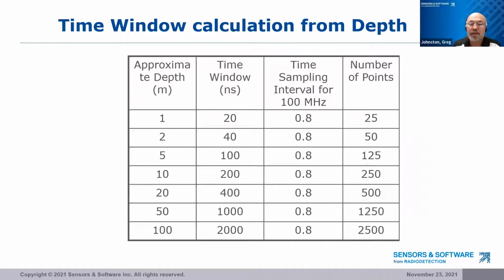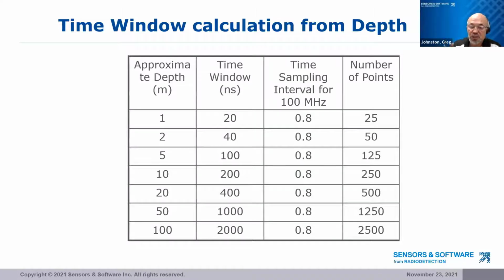So if we look at this chart, if you're recording, say, 100 megahertz data at a time sampling interval of 0.8 nanoseconds, which is appropriate for that frequency without aliasing it, you will need to collect about 25 points for each meter of depth. So if you only want to scan 1 meter into the ground, you would need to collect 25 points.